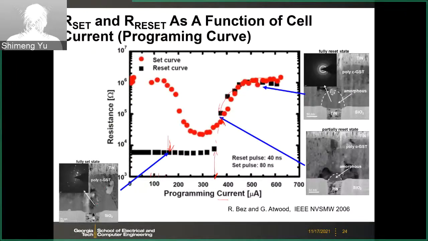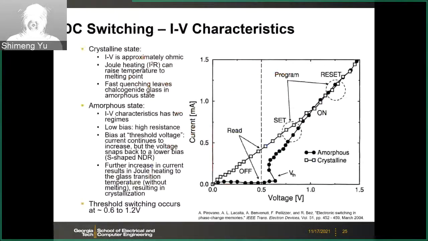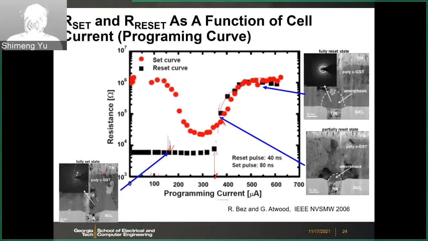Here the bottom titanium nitride is a heater. And this whole phase change region is GST, and it's in the crystalline phase. The reason we know it's in the crystalline phase is evidenced by this electron diffraction pattern.